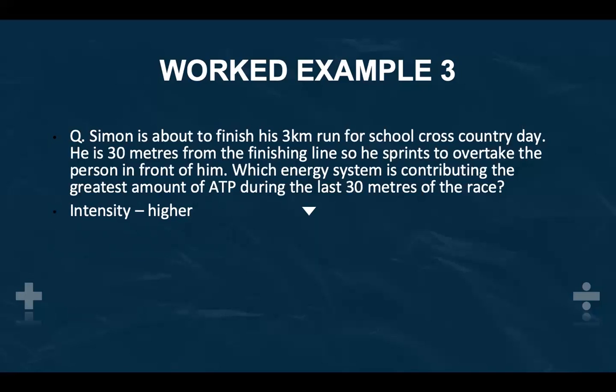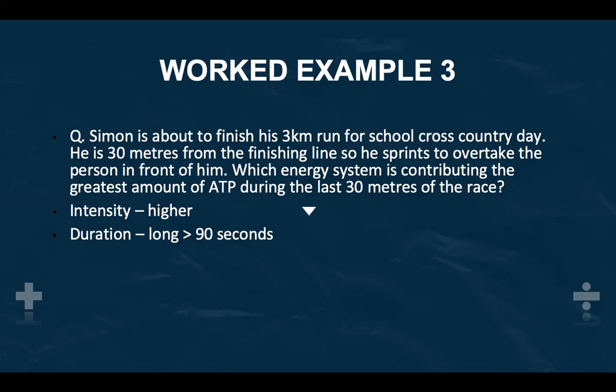His intensity, he's sprinting at the end, so he's working at a high intensity compared to the rest of the race. However, duration is the main factor in this question. Although he's working at a higher intensity at the end of the race, it's still a long duration. So obviously this 3-kilometer race would take longer than 30 seconds.